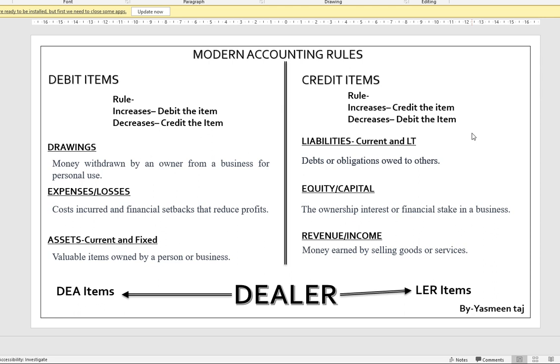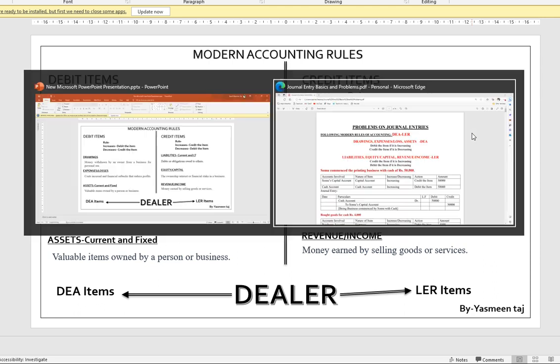Revenue or income. Money earned by selling goods or services is what we call revenue. Any amount received for the benefit of the business is called income. Commission received, profit made out of selling any goods, all those we call revenue or income.